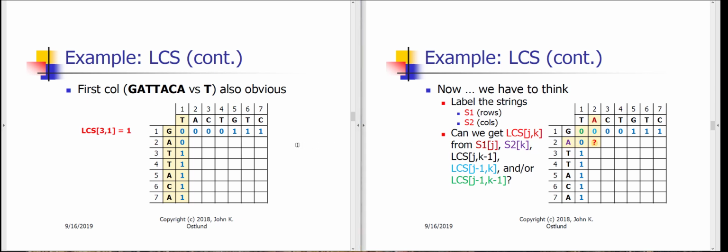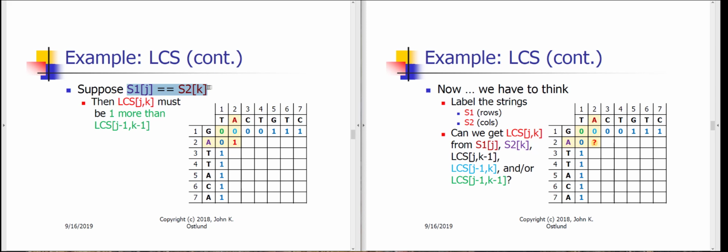Well, let's think about this. Suppose that the two letters do match. In this case, the letter A in the row does match the letter A in the column. Then we need to add 1 to our longest common subsequence, but where does the value come from that we add 1 to?